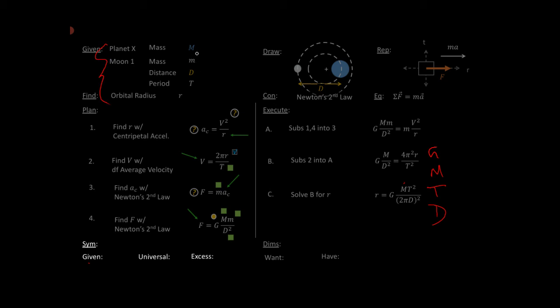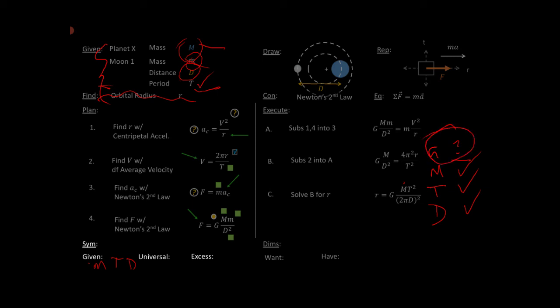Let's see. First of all, is big G in here? Not in the orbital radius part. Let's see. Little m, big T, D? No. So we don't know about that one. Big M is right here. That one's okay. Little m we don't have. Big T we have, it's right there. And big D we have, it's right there. So M, T, and D are given.